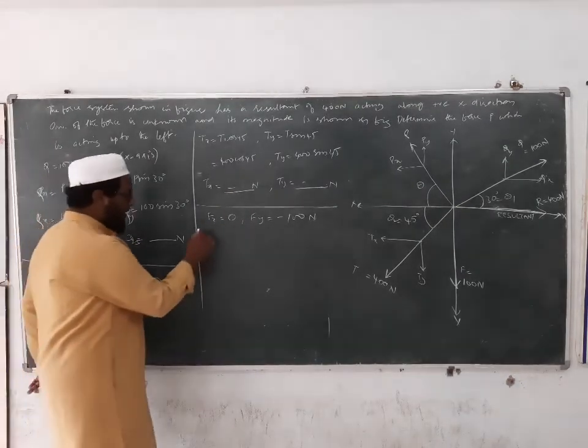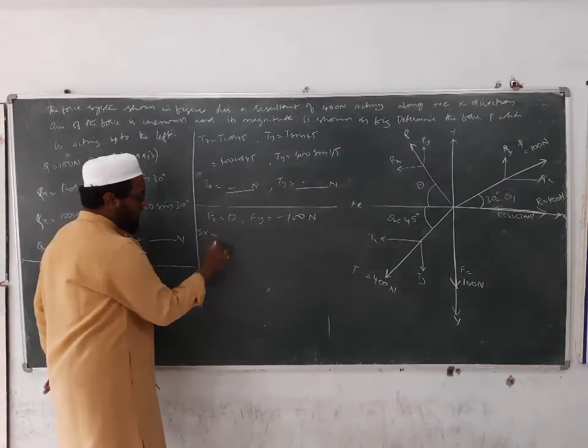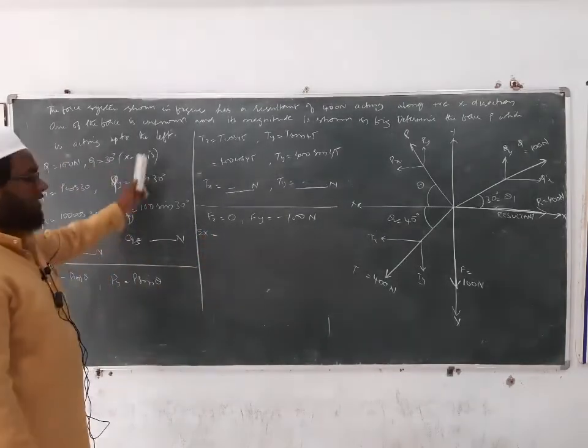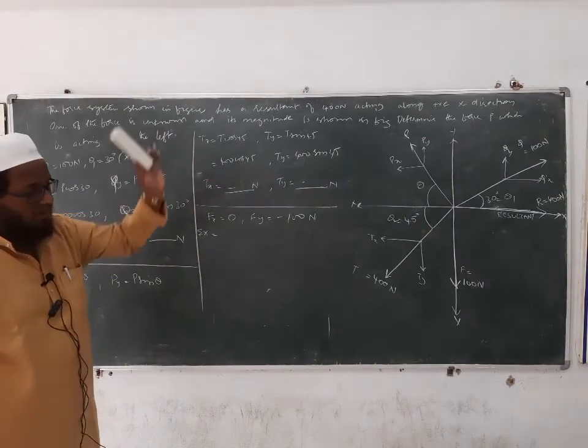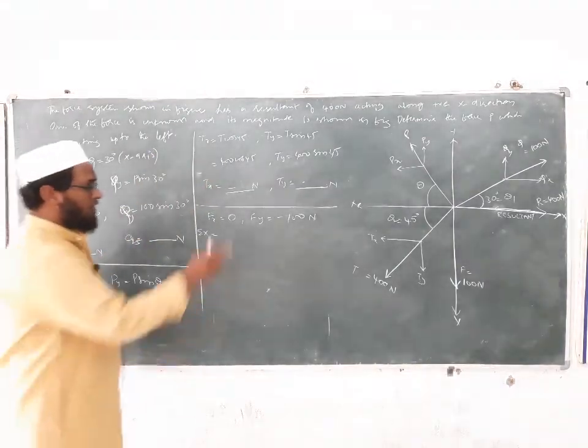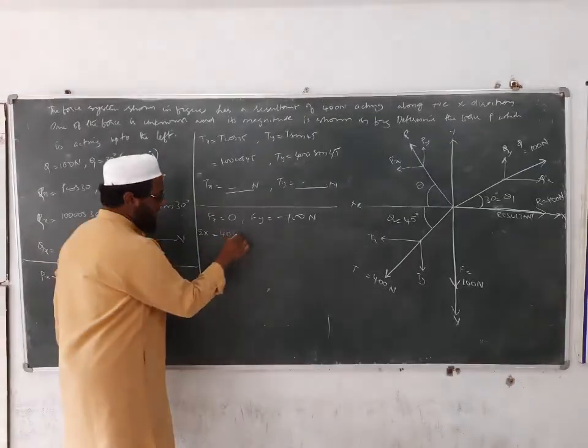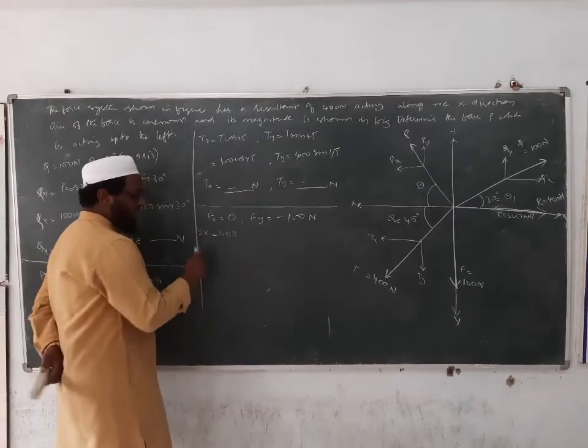Now we can go for sigma x. Since the resultant is going in horizontal direction, and the value of the resultant is 400, R is equal to sigma x.